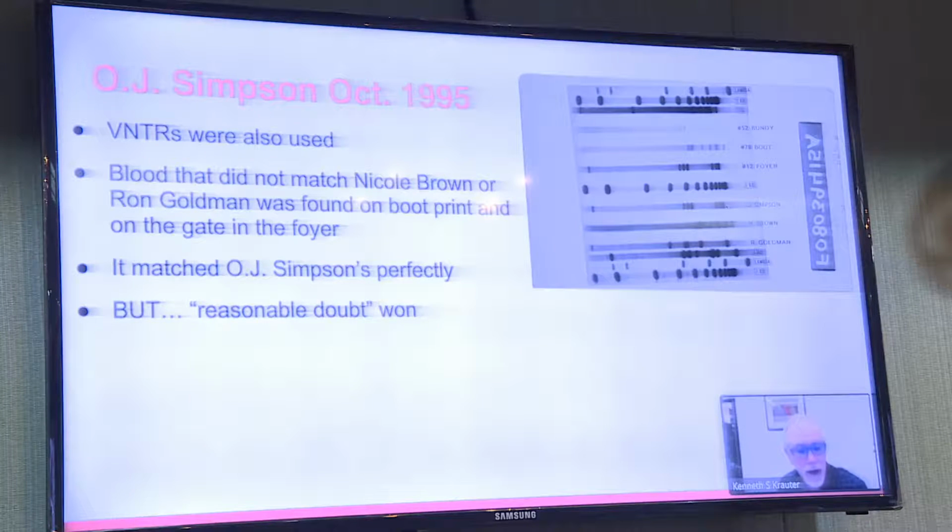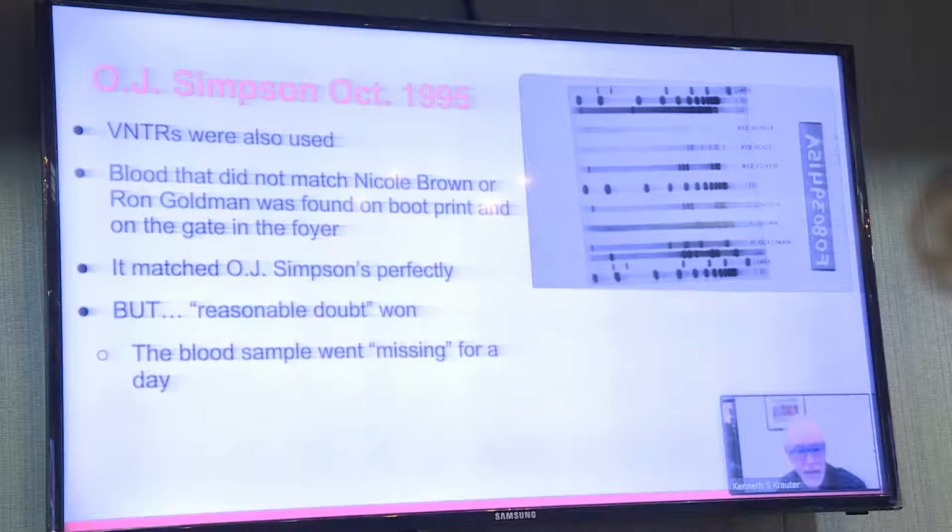OJ Simpson was found not guilty by the jury because there was reasonable doubt that this data was correct. It wasn't so much that the bands didn't match, but it was based on other things, like the blood sample used by the police department to produce these bands disappearing for a day somehow.